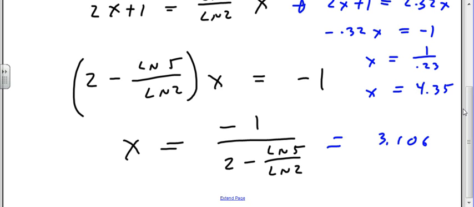All right, well, we'll use the calculator to go solve numerically.